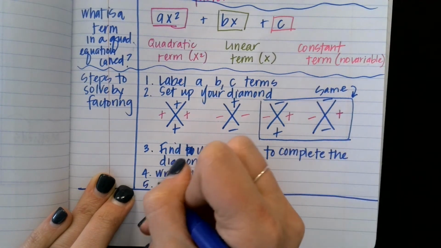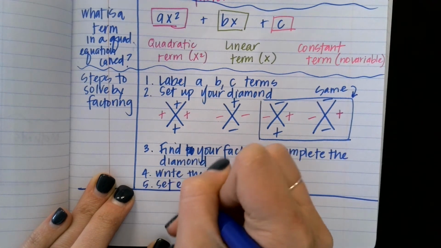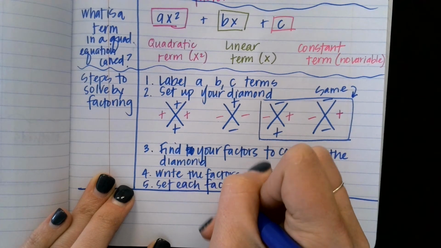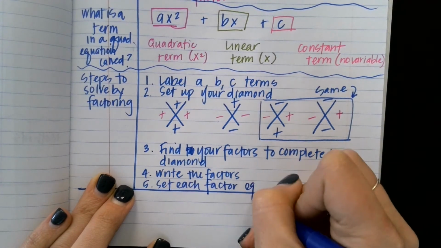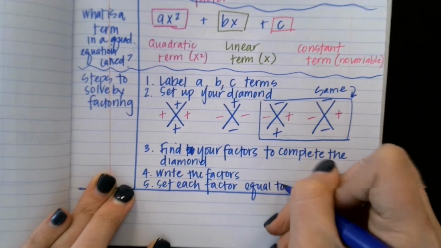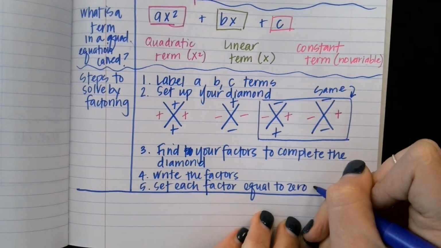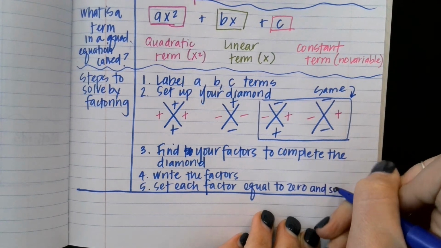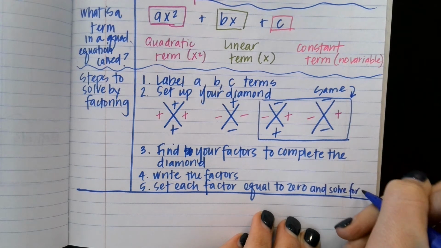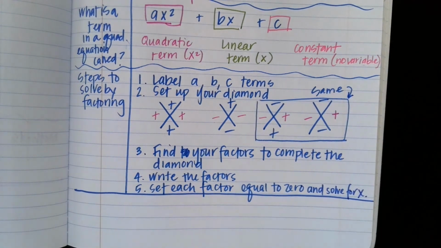In step 5, set each factor equal to 0 and solve for x.